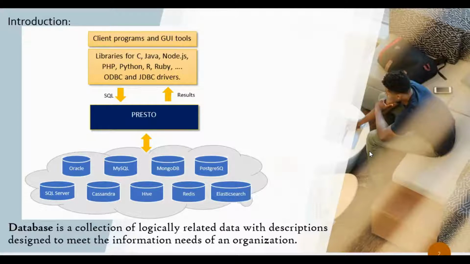But what manages the flow of this information? What makes sure that the information being shared is not duplicated, it's organized, is what we call a database. So the database is that collection of logically related data with descriptions. The descriptions are what make up the data. They are designed mainly to meet the information needs of an organization.